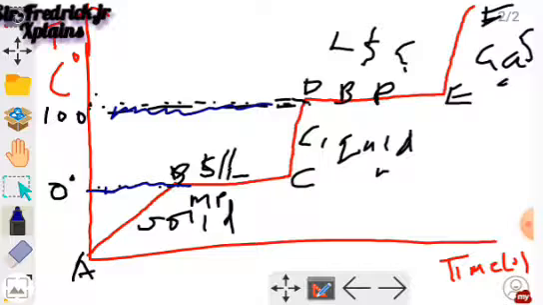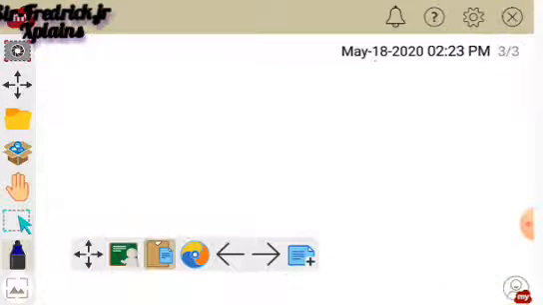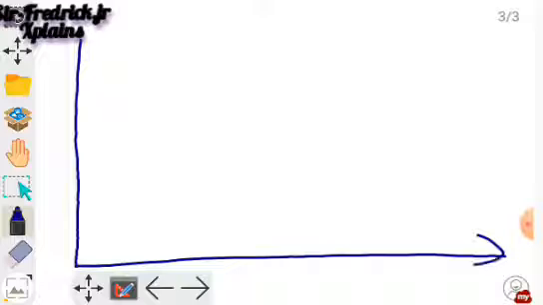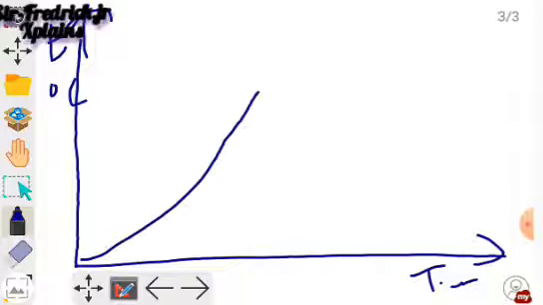Now let's have a graph which is showing an impure substance. The temperature is in degrees Celsius, time in seconds. So you are going to have a graph like that.